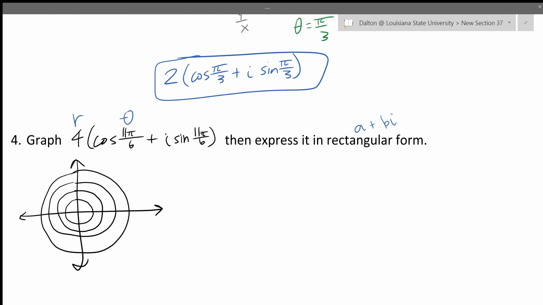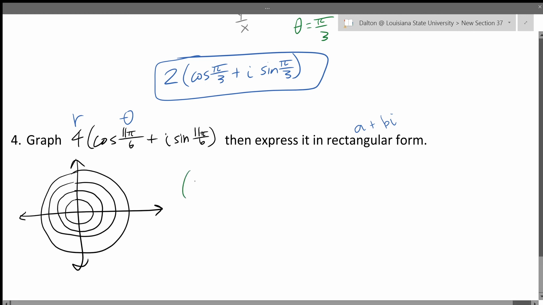Okay, if I graph this point, this is a recap of section 9.1. If I want to graph the point 4 comma 11 pi over 6, you typically want to locate your angle first. Where is 11 pi over 6? Or what degree is that equivalent to?